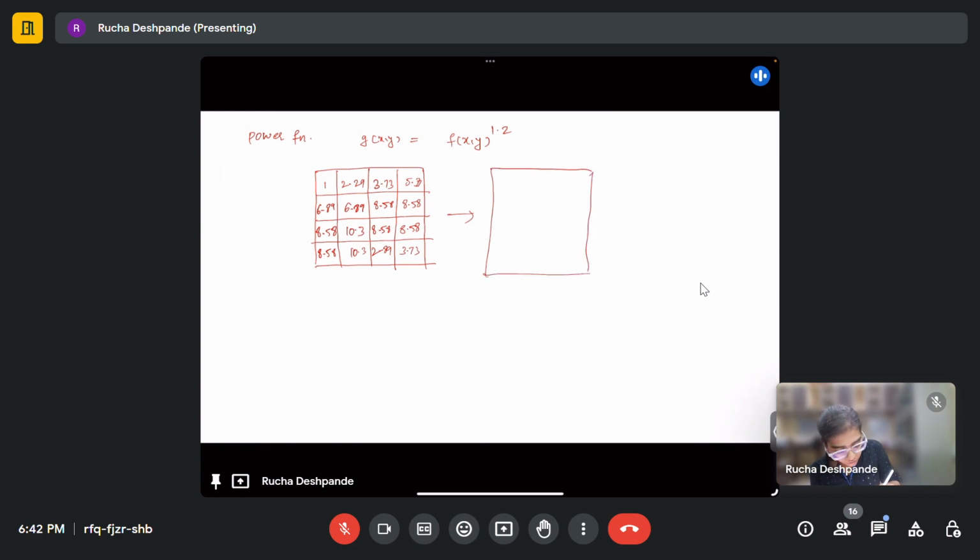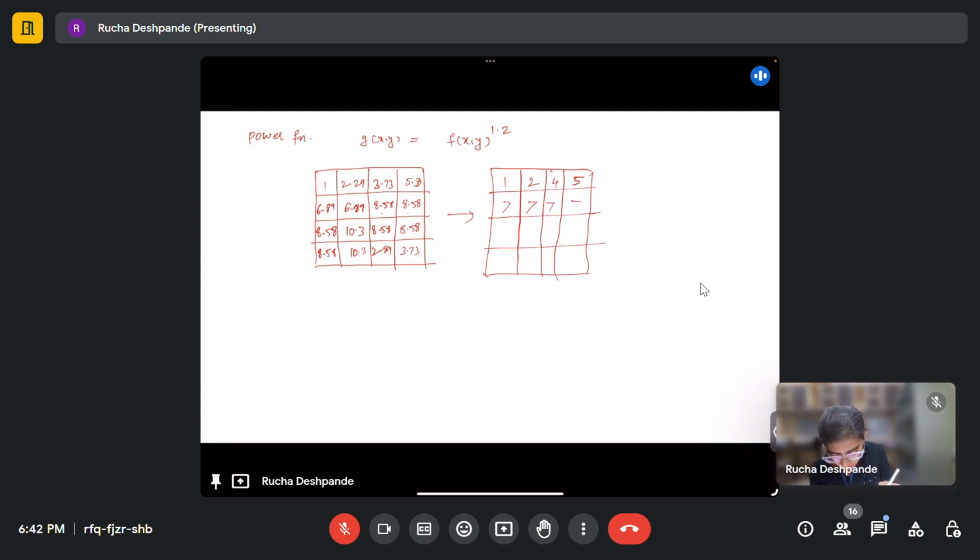So here after rounding off, this 1 will stay 1, this will be 2, this is 4. So now this 8.58 will round off to 9, but 9 can only be stored as 7.